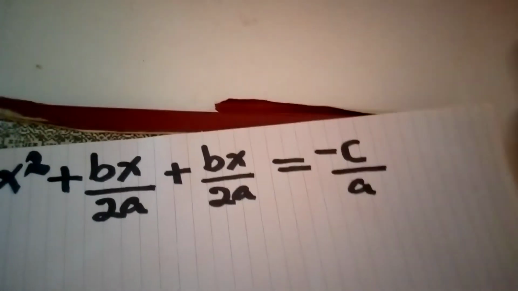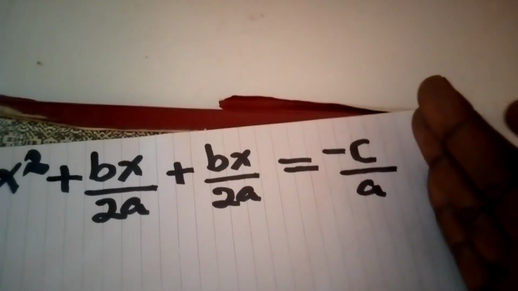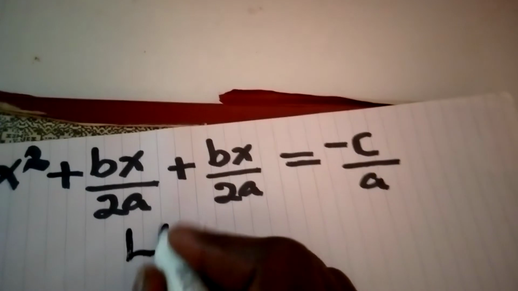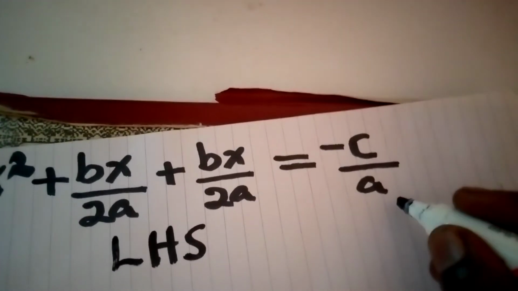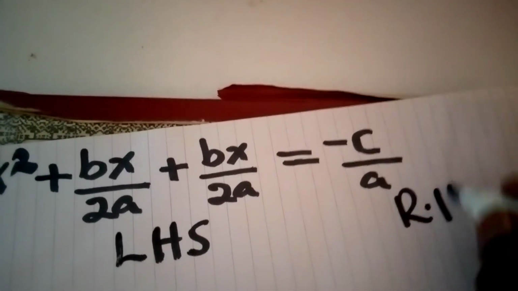So which means we have to add on the left hand side of the equation, and then we have to add also on the right hand side of the equation. So this is the left hand side of the equation, then this one is the right hand side of the equation.